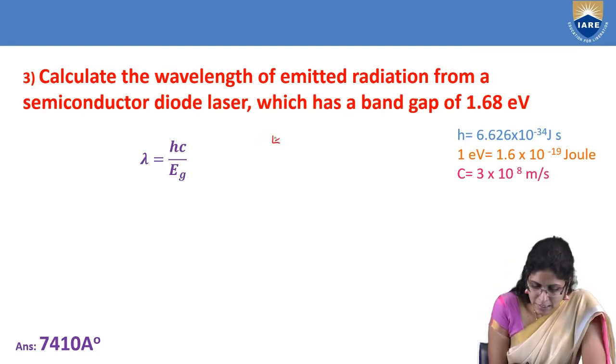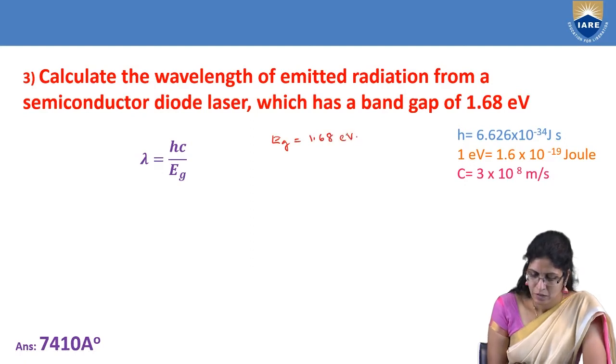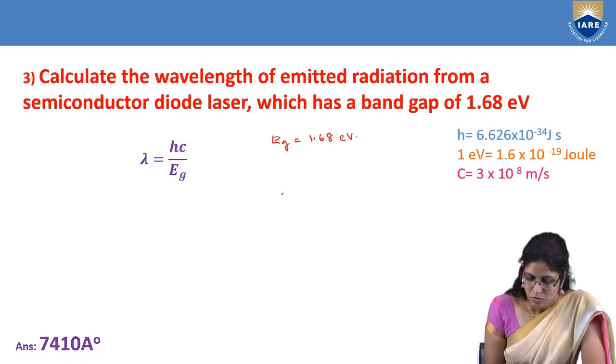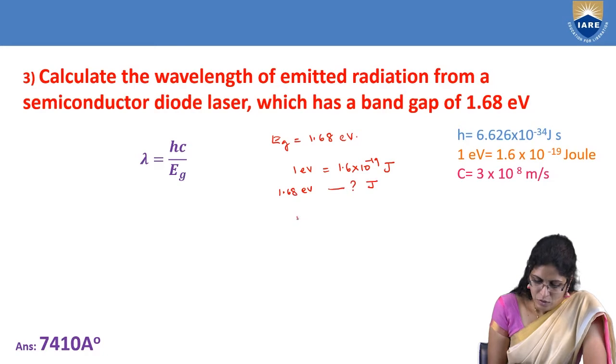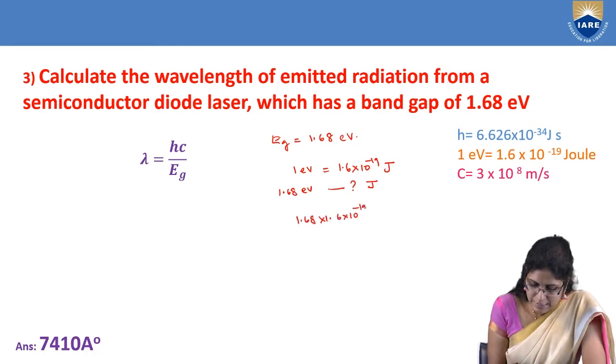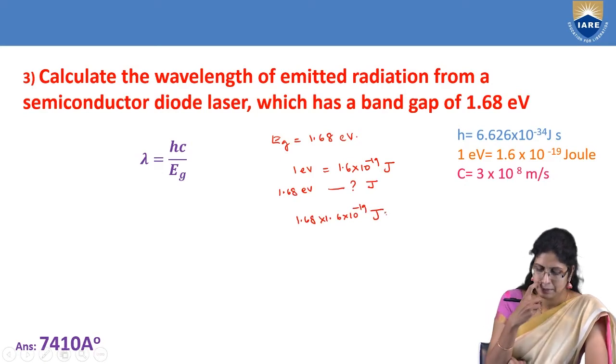Band gap Eg is given as 1.68 electron volt. If 1 electron volt is equal to 1.6 into 10 to the power of minus 19 joules, then 1.68 electron volts is 1.68 into 1.6 into 10 to the power of minus 19 joules.